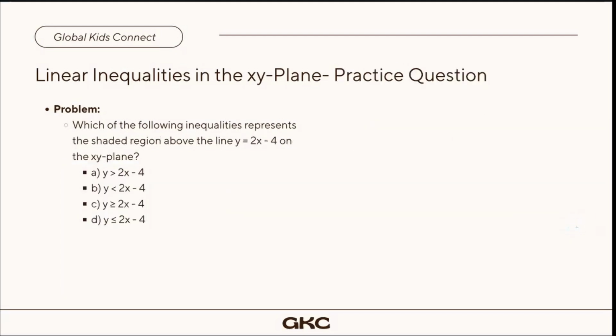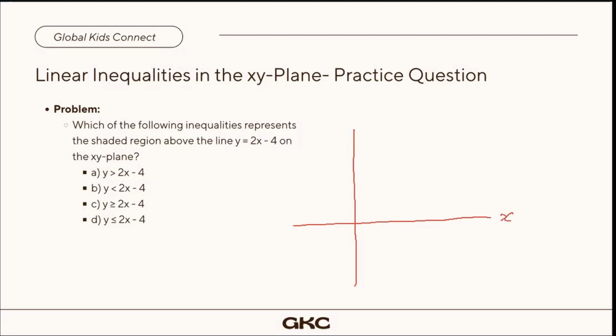Our second practice question is: which of the following inequalities represents the shaded region above the line y equals 2x minus 4 on the xy plane? So this is a slightly different question, as we are asked to graph the equation ourselves instead of being given the graph itself. And we can easily do that by first drawing the xy plane as it is.